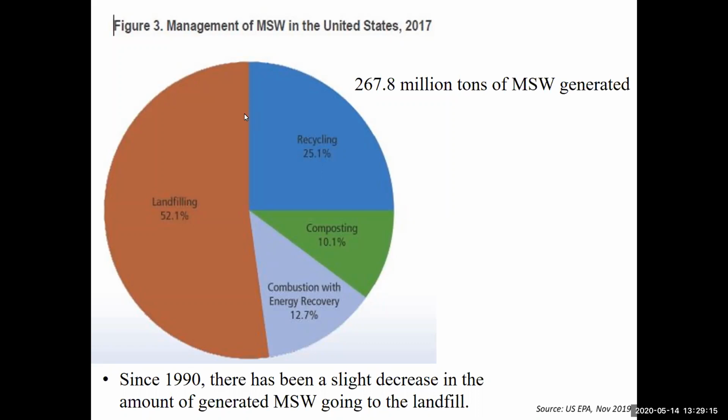And a little bit over 50% of that waste stream was actually sent to the landfill. Now, over the years, even though the amount of municipal solid waste that we are generating is increasing, the amount that's actually ending up in the landfill has shown a slight decrease thanks to recycling, composting, and combusting.